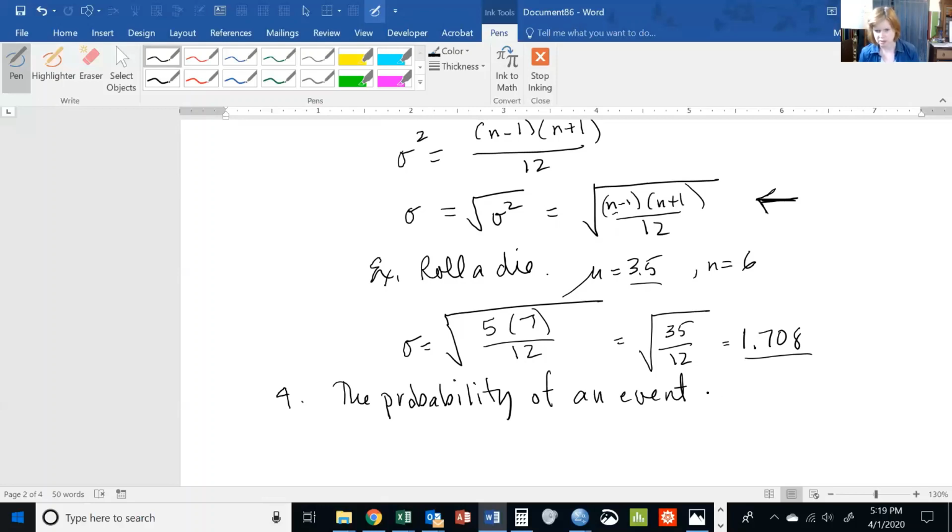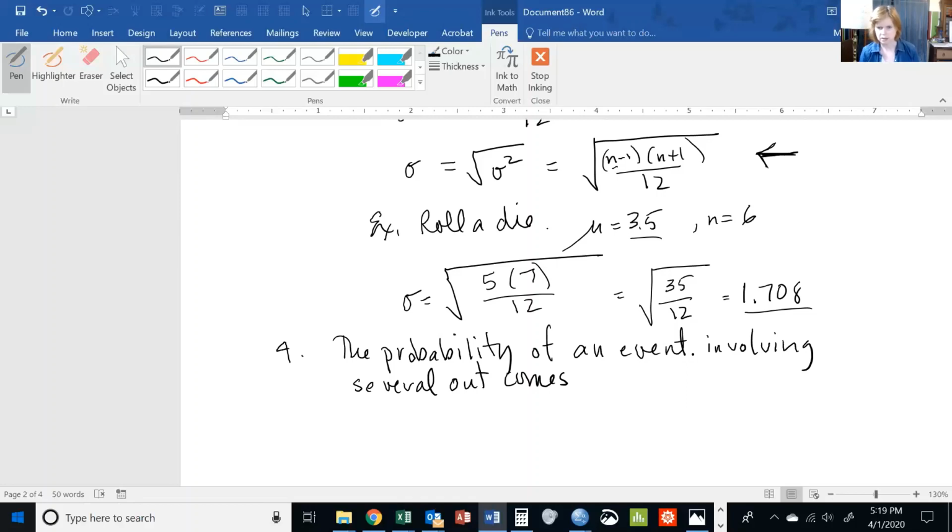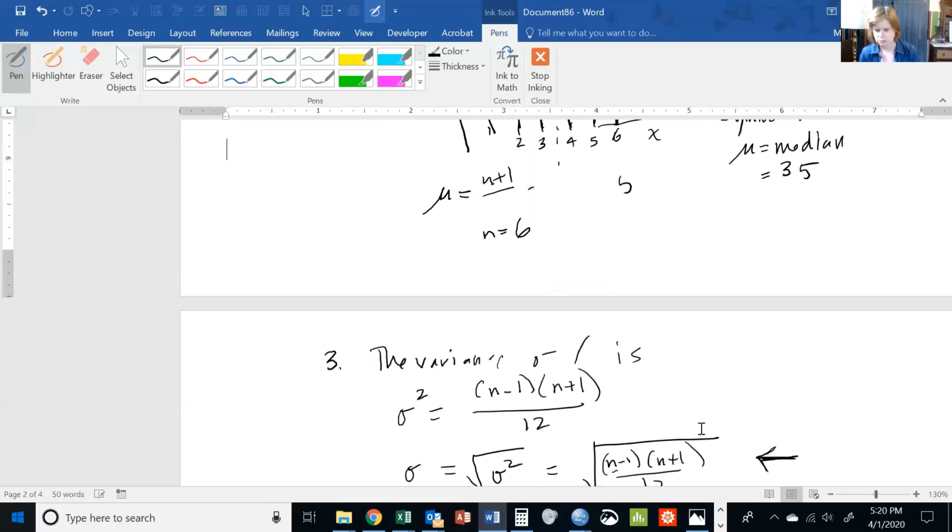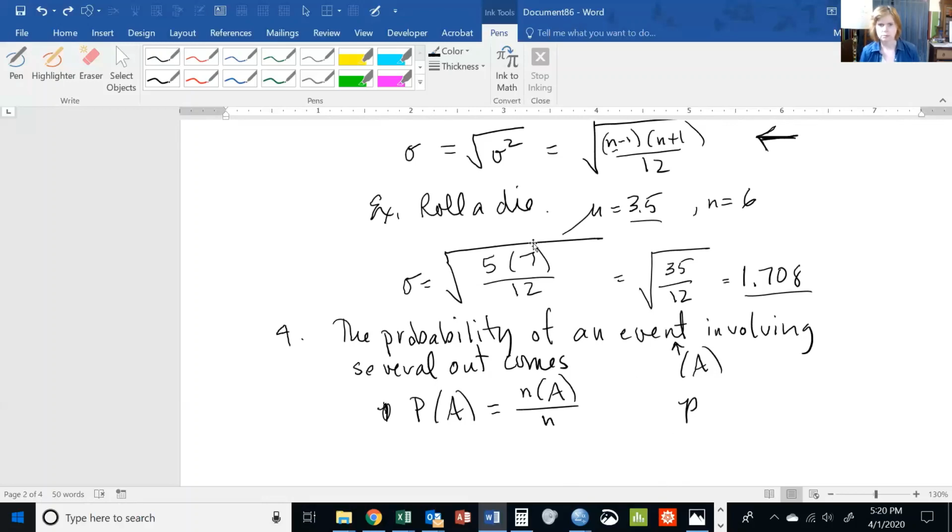The probability of an event involving several outcomes, let's call it event A. So the probability of A, capital P of capital A, is going to be the number of outcomes that are in A over little n, because recall the probability of each outcome is 1 over n.